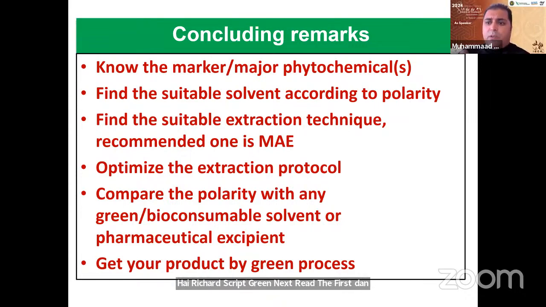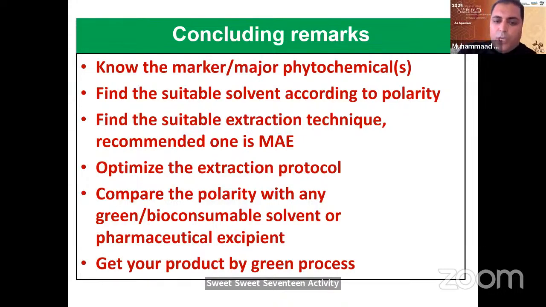What is the major phytochemical of that herb or plant? Is it a glycoside, or an alkaloid, or tannins, or what? So you should know the chemistry and the type of the compound, which is the major compound. Marker means the major one based on concentration as well as activity.